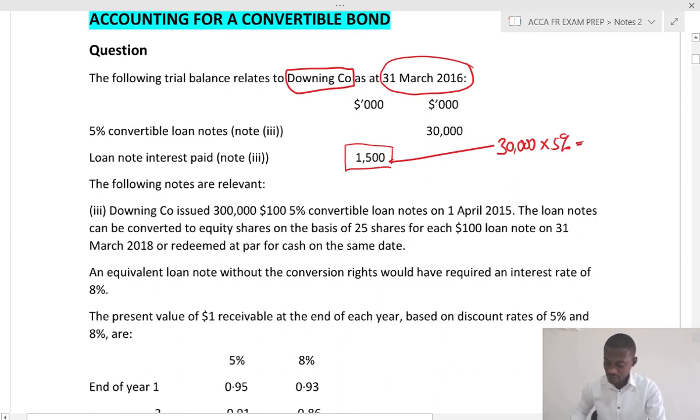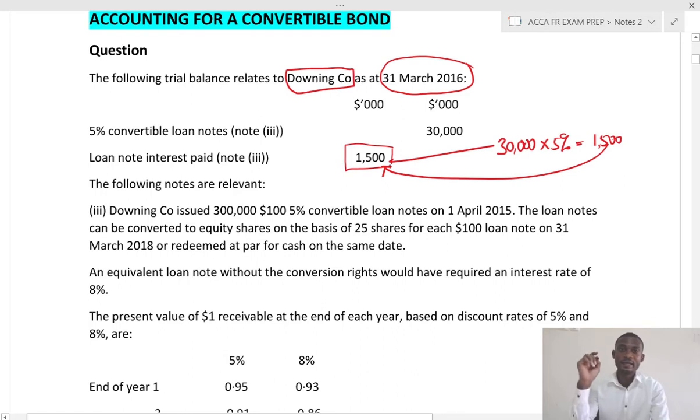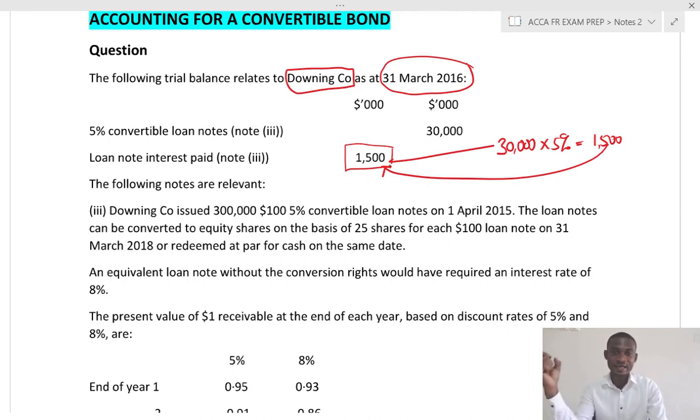So 30,000 times 5% will give you 1,500. The reason you are doing this is to reconcile whether the full interest was paid at the year end. If the full interest was not paid, then a portion of that interest would have to be represented as a current liability under the financial position statement. But in this case, the full interest for the year was paid.